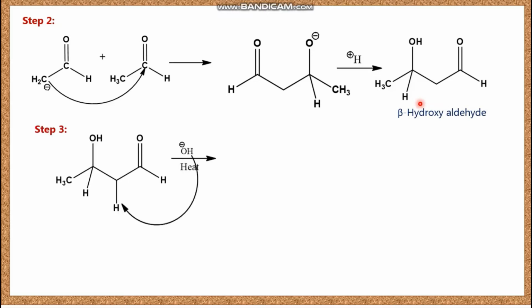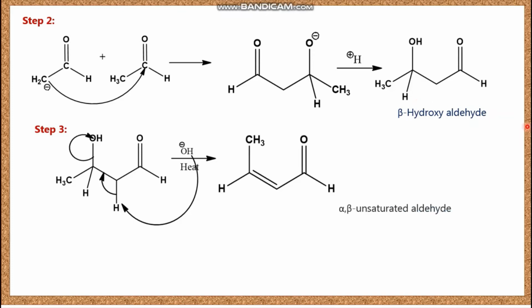And in step 3, in the presence of base, water elimination will take place and we get an alpha beta unsaturated aldehyde. The mechanism is almost similar to the previous one. First the nucleophile will form, it will attack another molecule and some rearrangement happens.